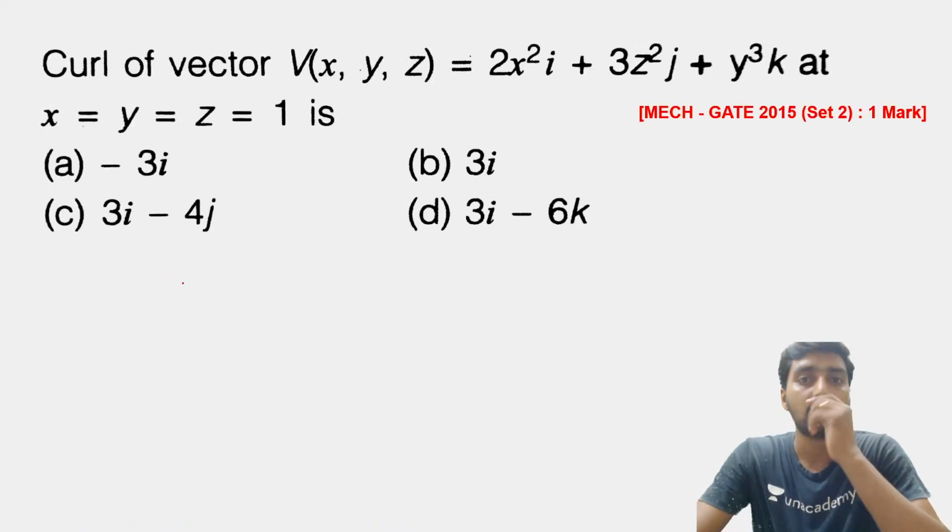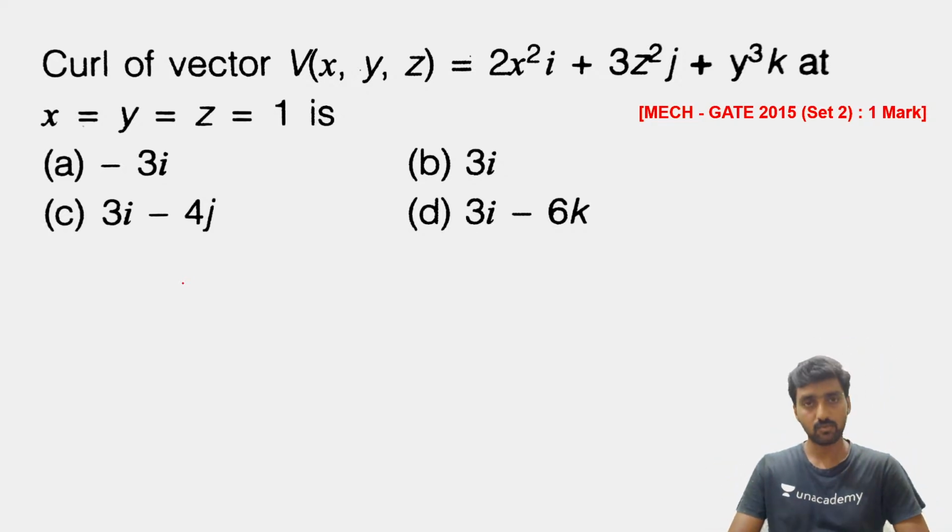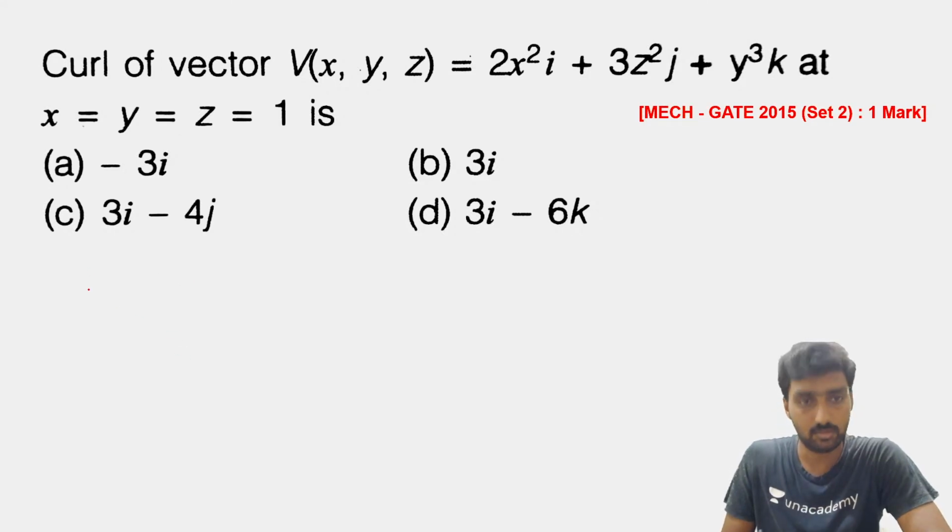Next one. Curl of the vector. Here what will be the curl of the vector at x equal to 1, y equal to 1, z equal to 1? So what will be the solution for this question? Curl of the F vector, that is del cross F vector.